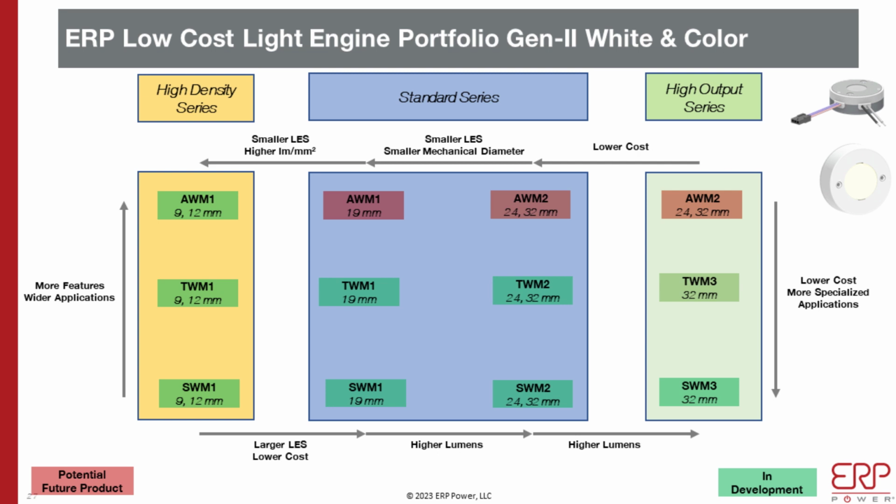That is what these parts are. And then all the way to the right, we call them high output. As I just talked about, TWM3 can pump out 4,000 to 4,500 lumens. So that is really how we categorize it.